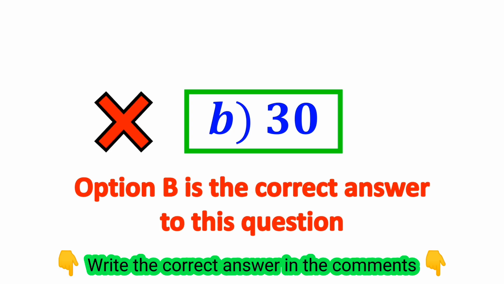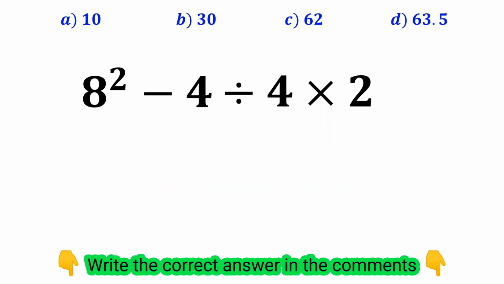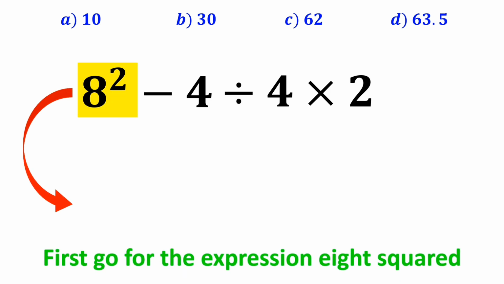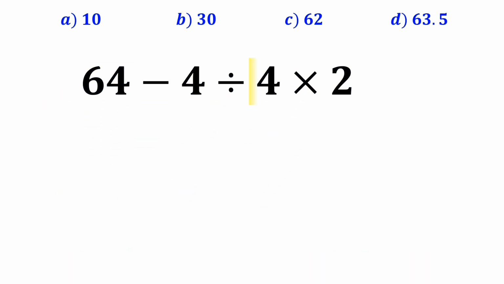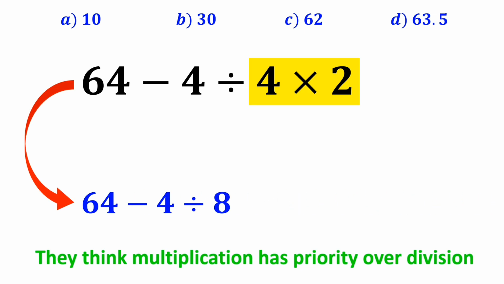But that's definitely wrong. Also, some people to solve this problem first go for the expression 8 squared, and they simplify it to 64 minus 4 divided by 4 times 2. In the next step, they usually go for the multiplication between 4 and 2, because they think multiplication has priority over division. So, they rewrite this expression as 64 minus 4 divided by 8.